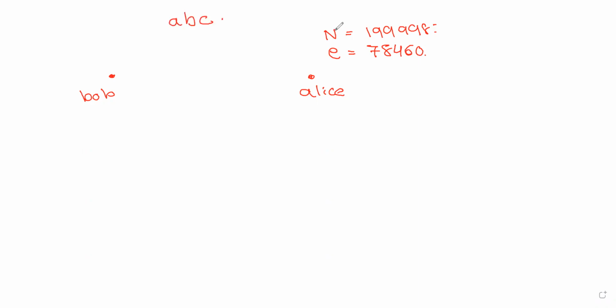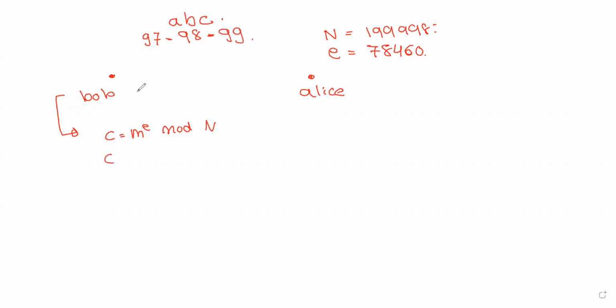He's going to encrypt it using a very common formula called C equals M to the E mod N. So A is equal to 97, B is equal to 98, C is equal to 99.